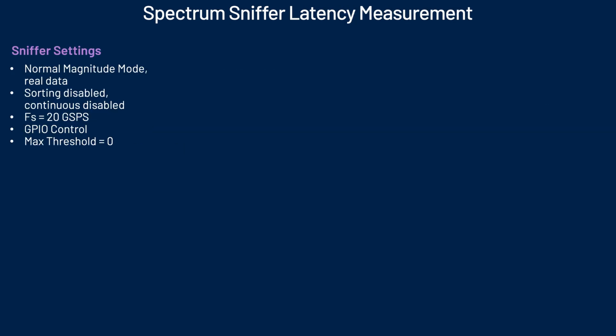In an example measurement, the sniffer is configured in normal mode for real data. The sorting is disabled, and it is operating in single mode. Sample rate is 20 gigasamples per second, and the data request is done by GPIO to measure the timing from FFT hold going low to FFT done.